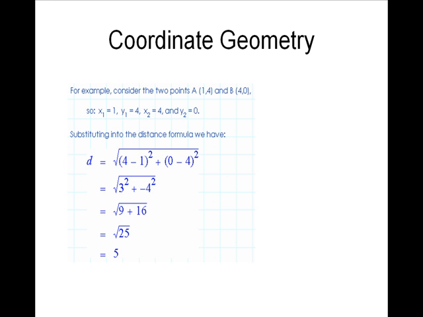I'll label them. For the first point, I've labeled it x1, y1, and the second point as x2, y2. Now just plug in the numbers in the formula that I just showed you. x2 minus x1 squared plus y2 minus y1 squared, and everything is under a square root. So once you simplify this, you just take the square root, and that's the distance between these 2 points.